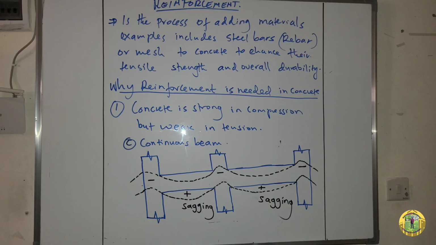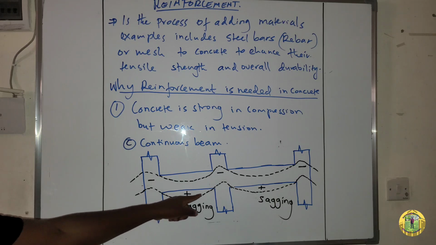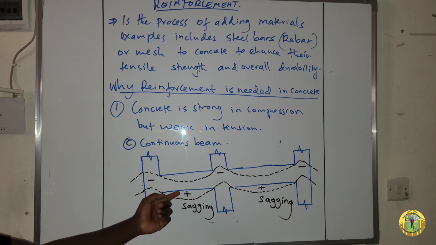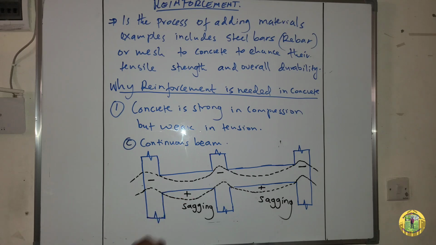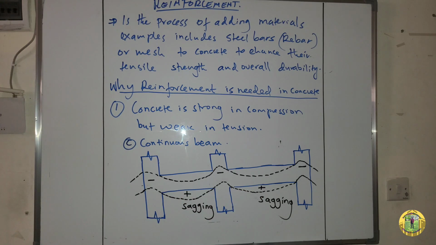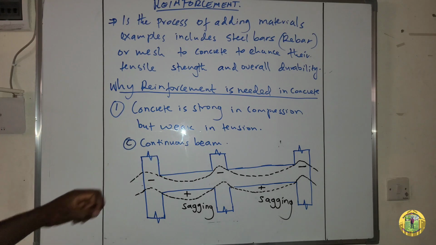And then in between the supports, on each span, the tension reinforcement will be at the bottom of the span. So that is all about concrete being strong in compression but weak in tension.